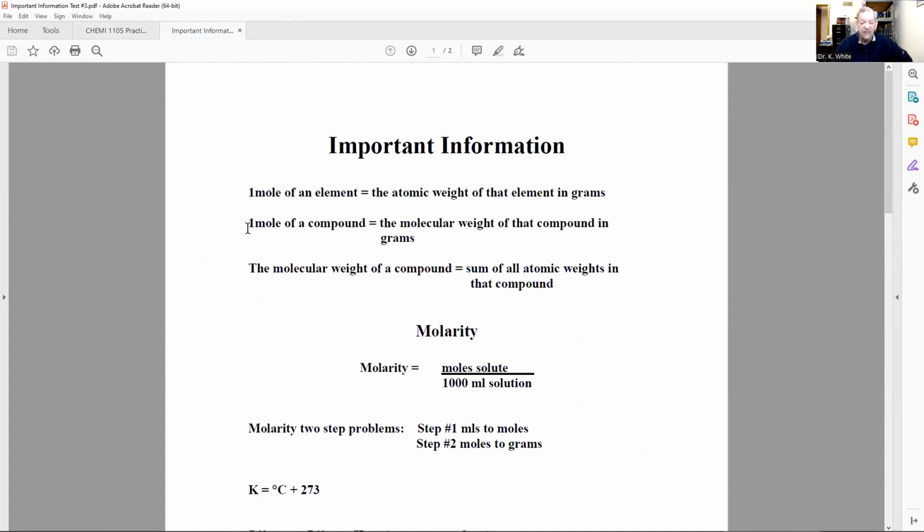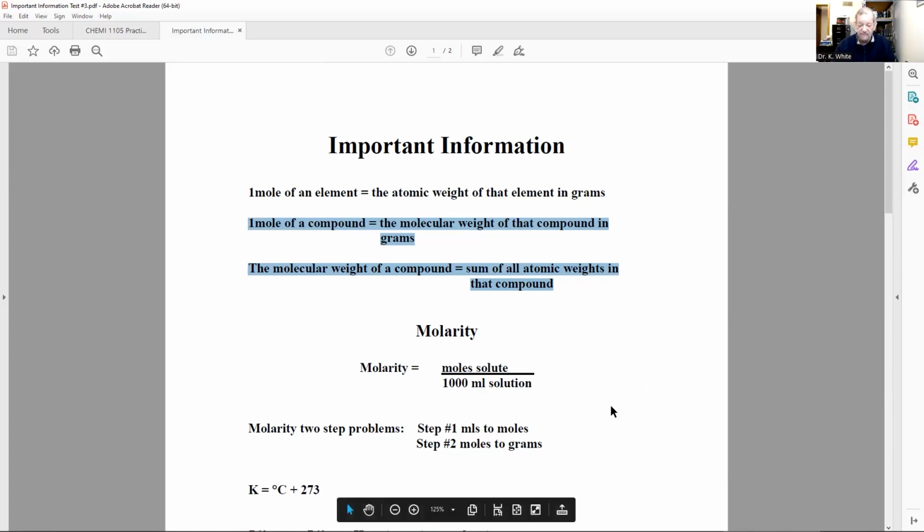And if we look at important information, test number 3, you'll see 1 mole of a compound equals the molecular weight of that compound in grams, and the molecular weight of that compound is the sum of all atomic weights. Remember, use 3 significant figures for all atomic weights.